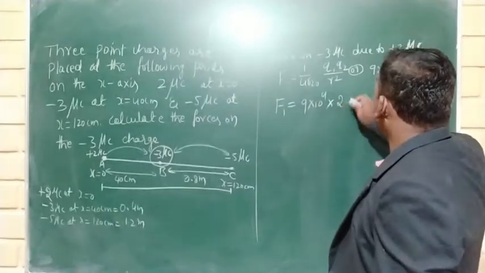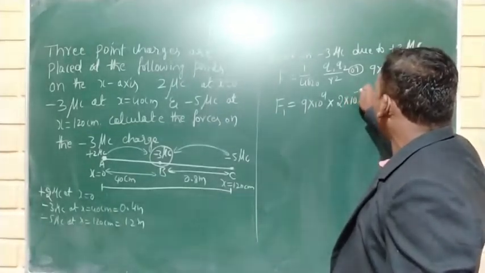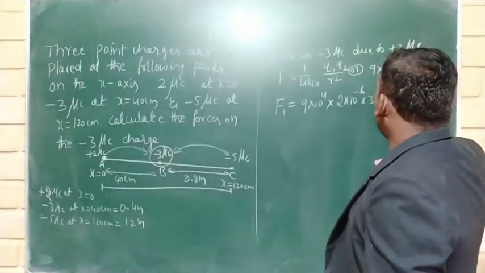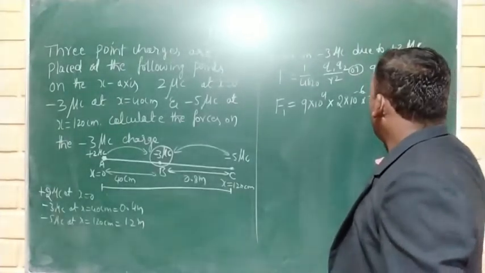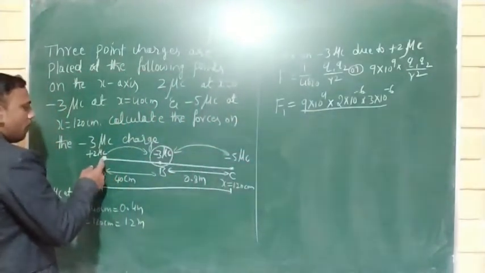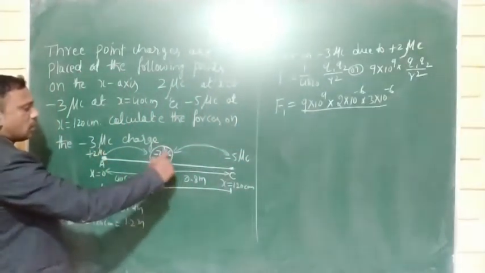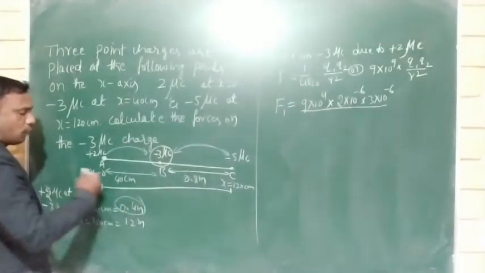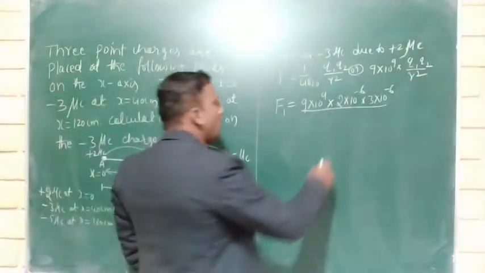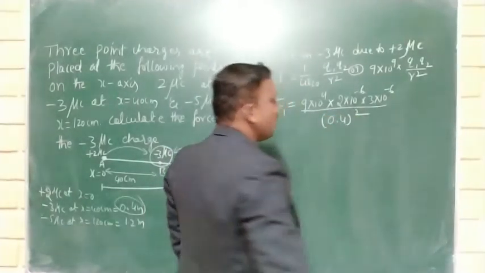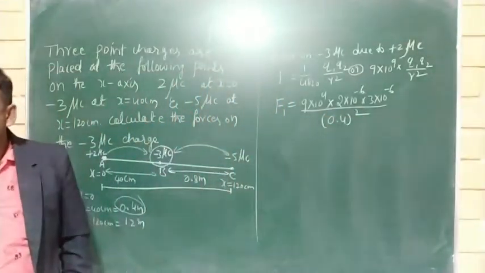Therefore, 2 into 10 to the power of minus 6, micro means minus 6, into 3 into 10 to the power of minus 6, whole divided by R square, where the separation between the plus 2 microcoulomb charge and minus 3 microcoulomb charge is 0.4 meter, whole square.